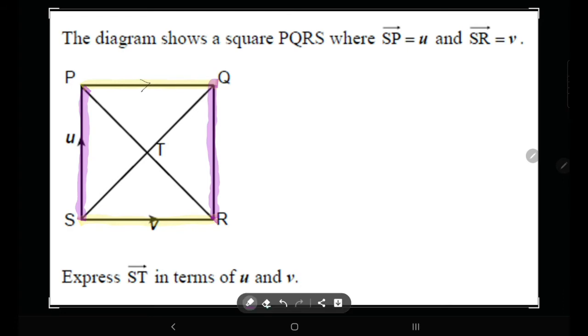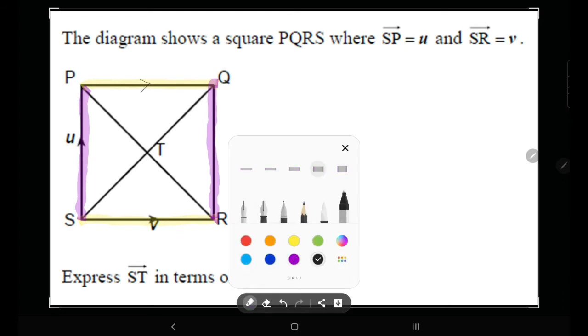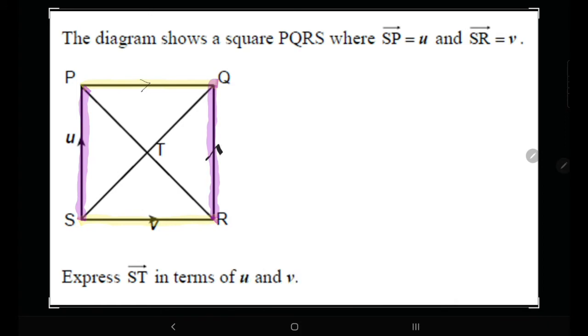And again, we need to make sure we're aware that when we say that vector is the same, what we are saying is it also points the same way, because if it doesn't point the same way, it's not the same vector. So here we are. We have broken down our shape and highlighted all of the sides of our shape that are also vector U and vector V.